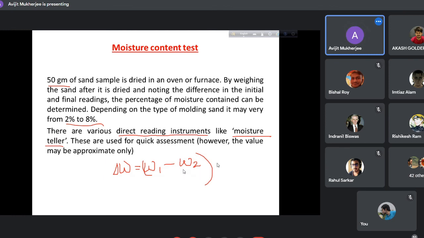So this is a chemical reaction and mechanical device, as well as the electrical device. So in the market, there are various ready instruments. Directly you can measure or you can guess the amount of moisture present. But all these are only approximate values. For very good estimation, you should use the weighing method.